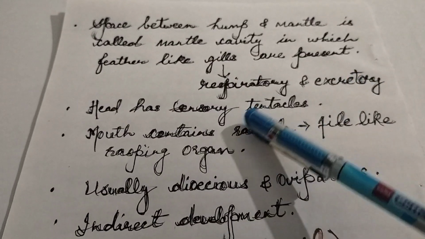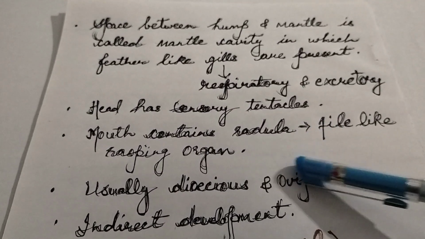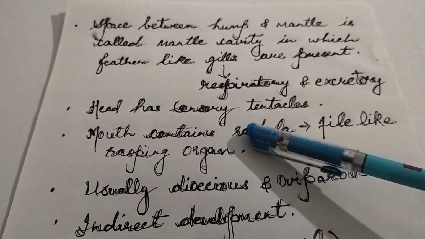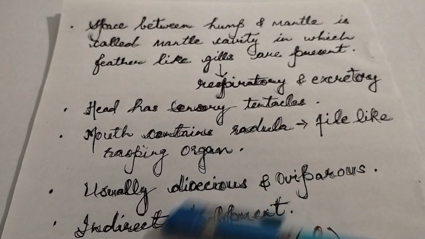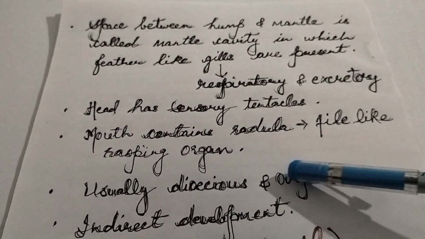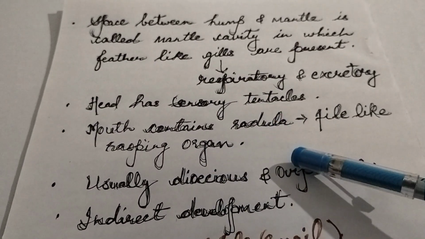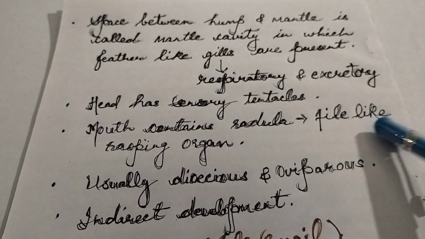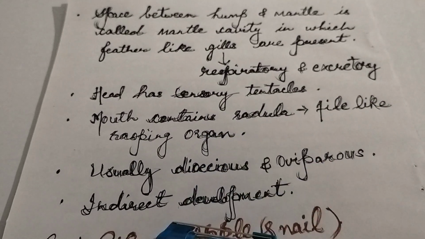Next, the head has sensory tentacles. The head of molluscans has tentacles which are sensory in nature, as there were sensory antennae in arthropods. The mouth contains a specific structure, the radula, which is a file-like rasping organ.